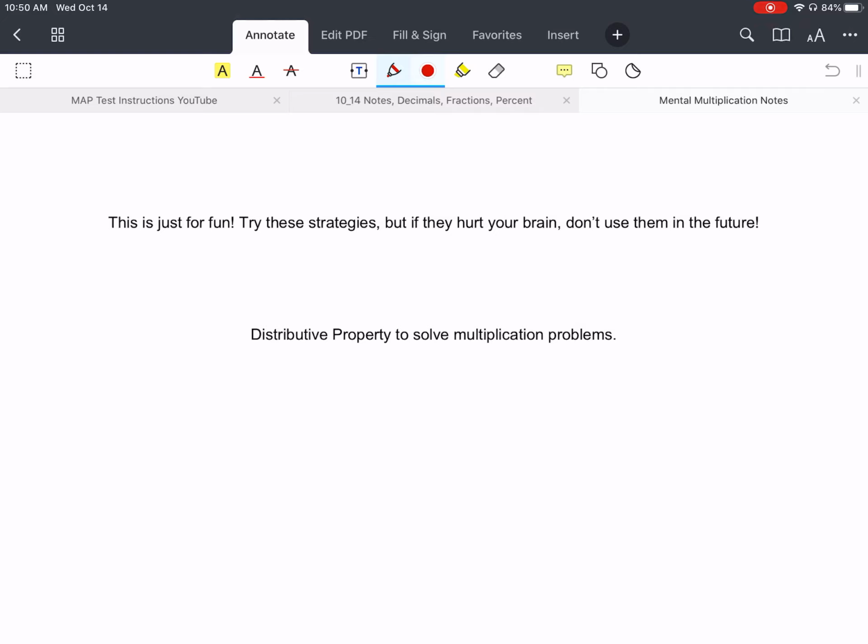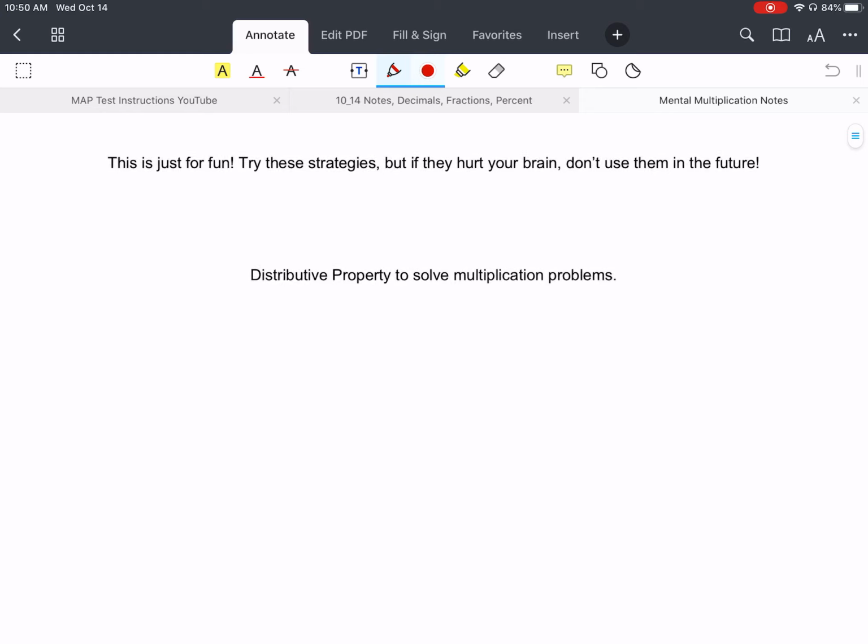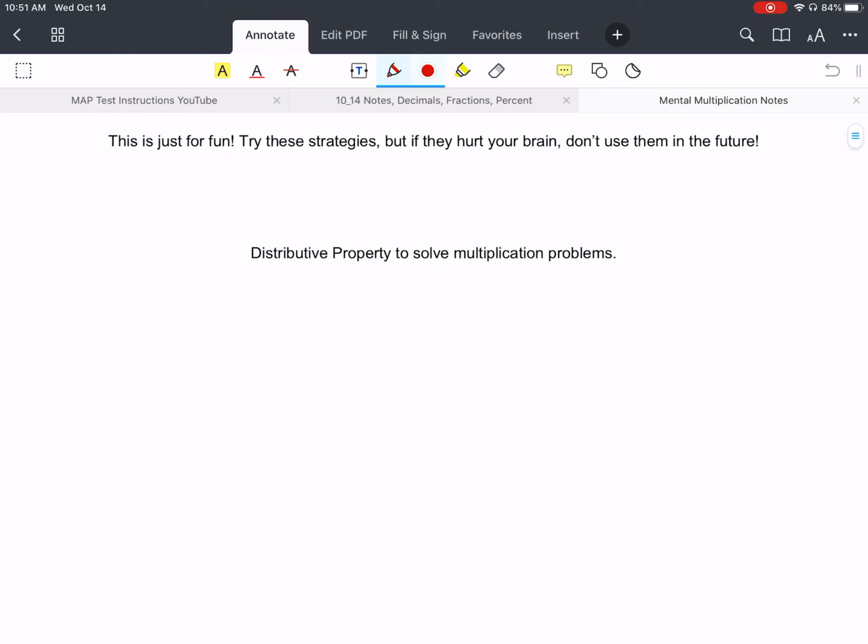So there are two main strategies that we're going to use. The first one is the distributive property. A lot of you use the distributive property when you're doing multiplication without even noticing it. So this is when we have a problem, let's say 43 times 7.